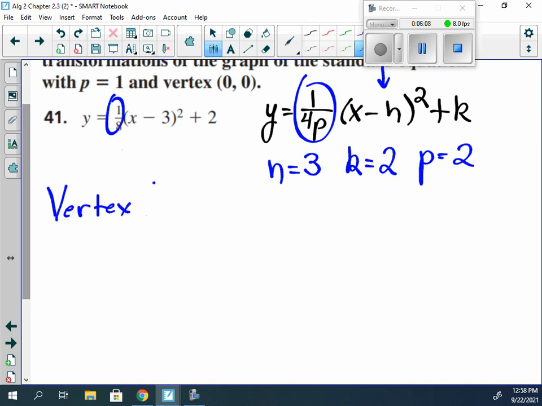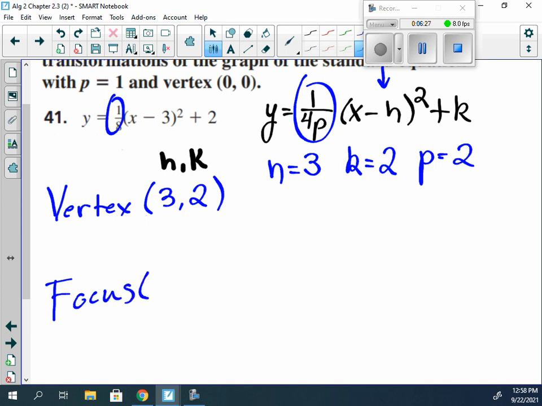Now the vertex is the point h comma k. What's the value of h? 3. The value of k is 2. Now the focus for our equation is the point h comma k plus p.